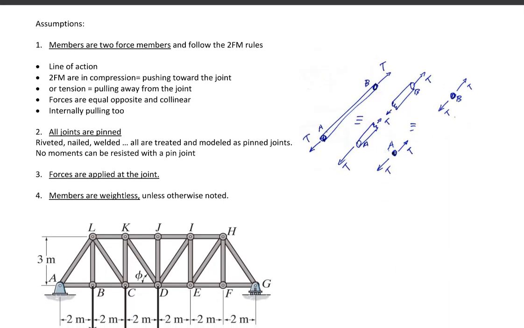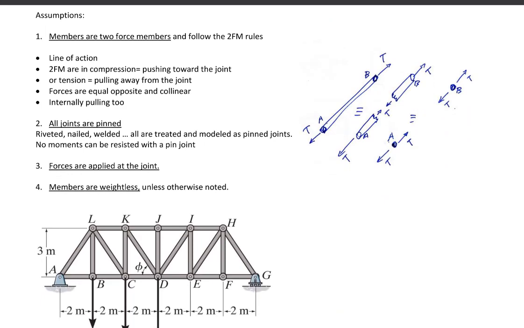All right, here are some assumptions for our study of trusses. We're going to assume that all members are two-force members, and they're going to follow the two-force member rules. If you remember from Chapter 5, two-force members have a force applied at the two ends. They are always pinned at the two ends, and the line of action applies.